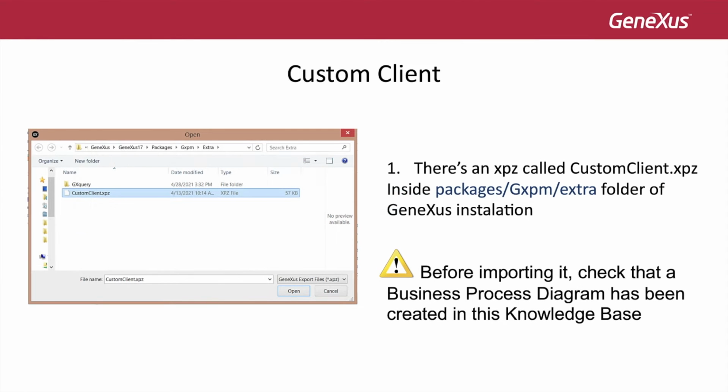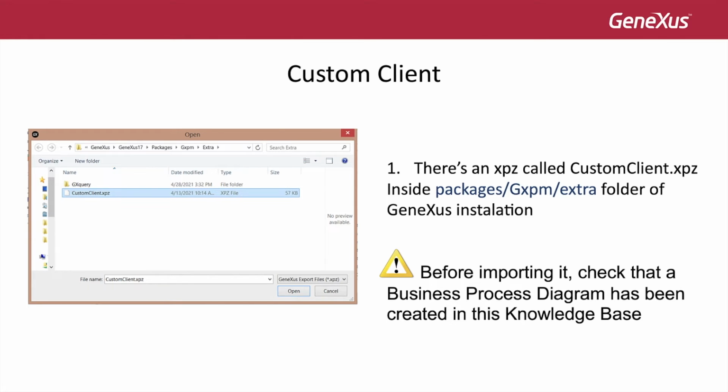To incorporate this into our knowledge base, we have to import an XPZ file that is provided within the GXflow installation. Before importing, check that at least one business process diagram has been created in the knowledge base. This is necessary to make sure that the model has the workflow data types.